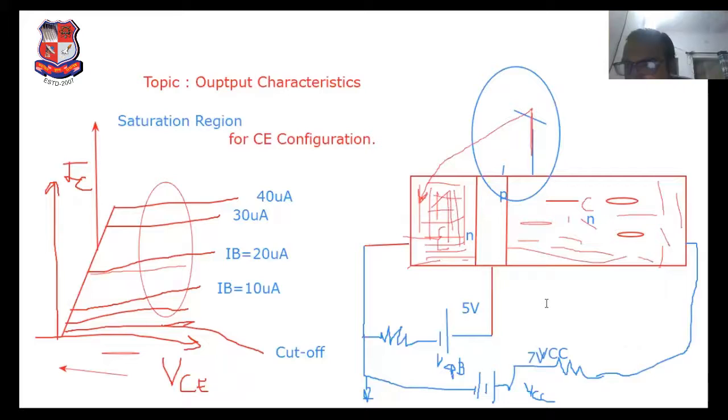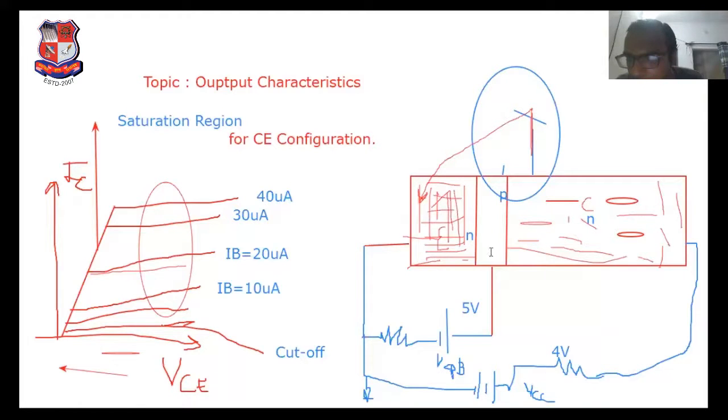Now, obviously this is reverse bias, so a large number of electrons can travel through the collector. But now if you reduce the value from 7 volt to 4 volt, compare 5 volt and 4 volt.